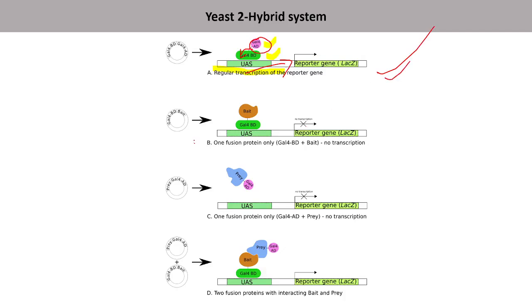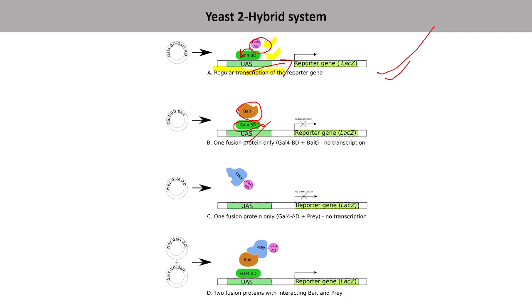Now let's take the second condition, where we attached a bait protein to the binding domain. The binding domain can only bind to the promoter sequence, so unless there is a binding domain, nothing will bind to the promoter sequence.